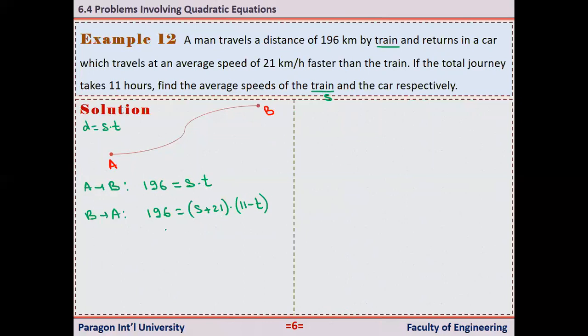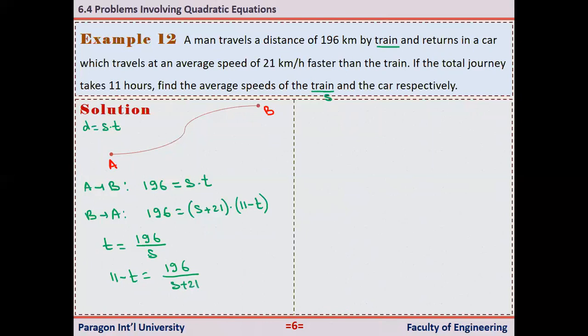So from the first equation, we can evaluate t. T is equal to 196 over s. From the second one, 11 minus t is equal to 196 over s plus 21.